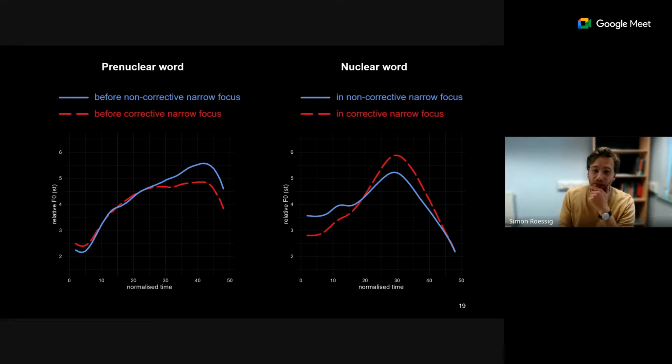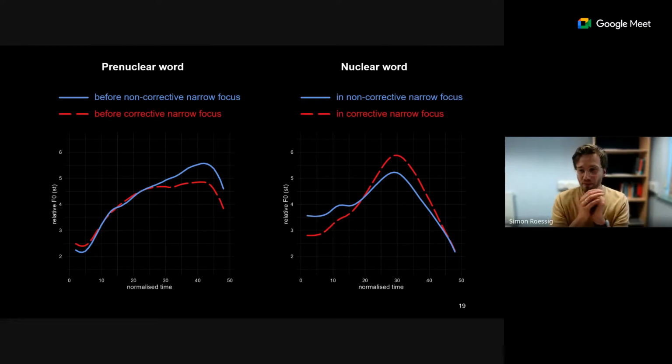And then also, an interesting thought, I'm not going to go into any detail here, is that there's this Gussenhofen-Rietveld effect that showed that higher prominence on a prenuclear peak can lead to the reverse pattern, where the second peak, the nuclear peak, is judged as more prominent. And I guess that speakers vary a bit too in this regard.